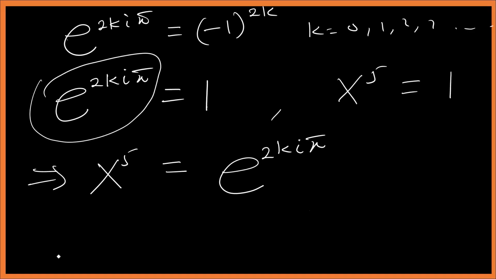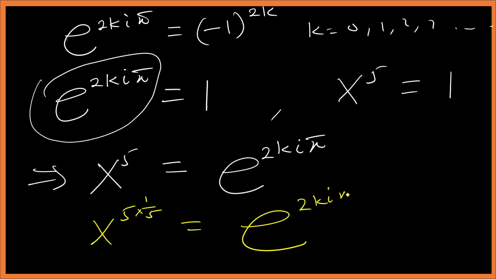Now from here, we want to get rid of the 5 here. So I'll raise both sides with times 1/5. So this side, 2k i pi times 1/5, will be over 5.